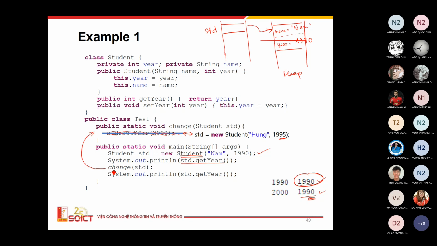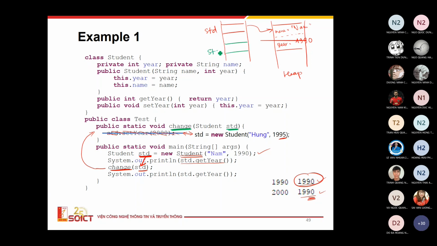Next, it will have this call to train STD. Here you have the STD from the main method, and you pass it to train. So it will find this declaration for train, and it knows that you will have a local STD for the train method.